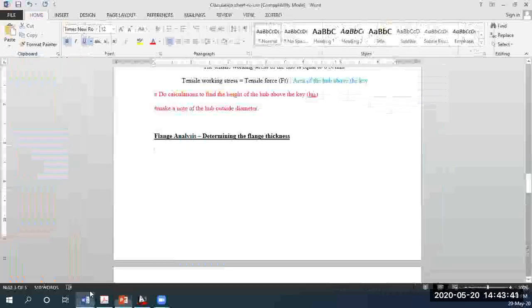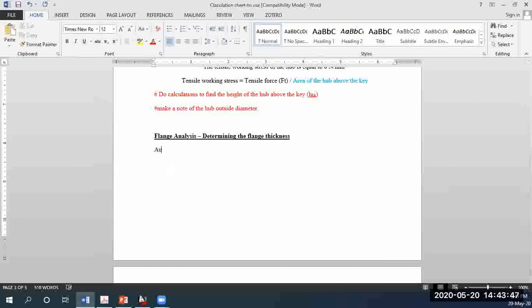For our notes, we can write down here: assume that shear force acts at the web and hub interface.